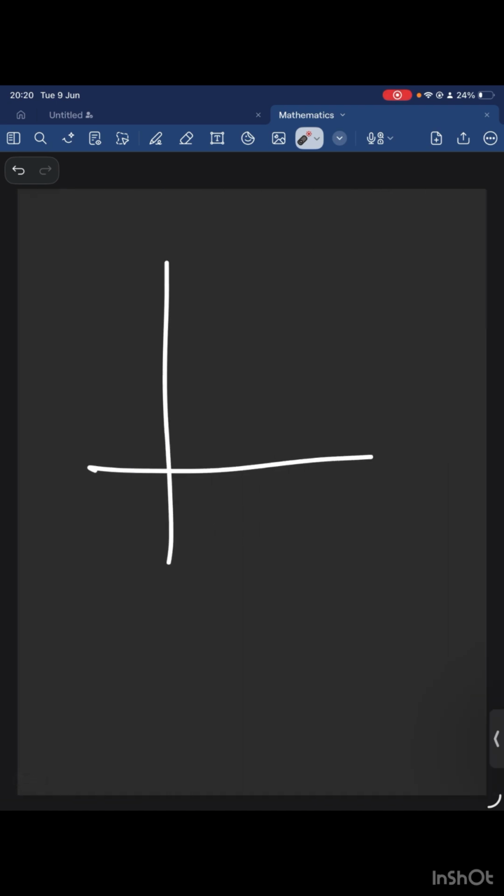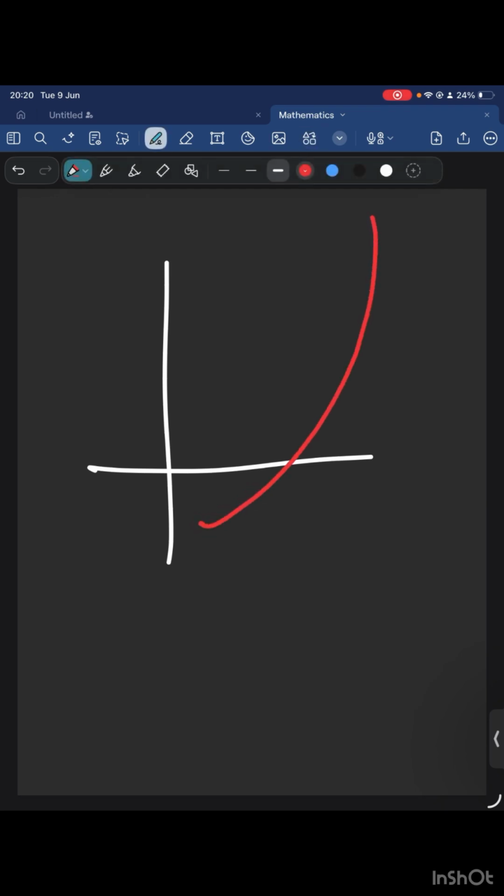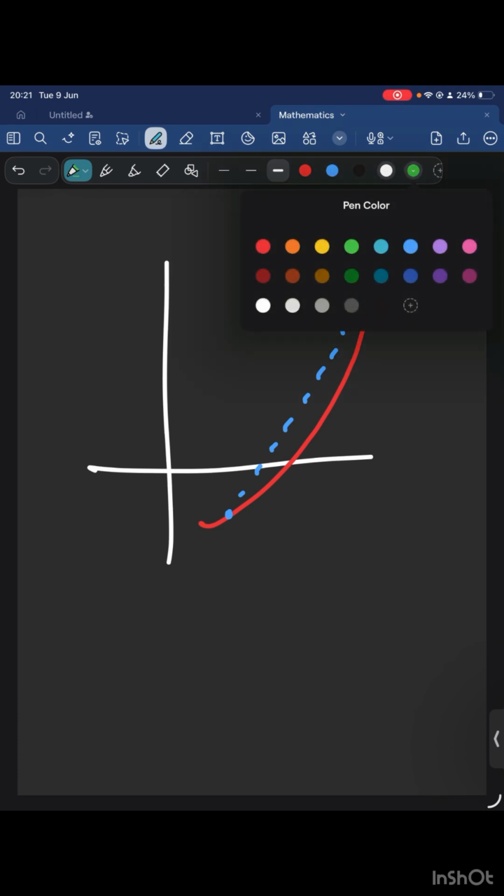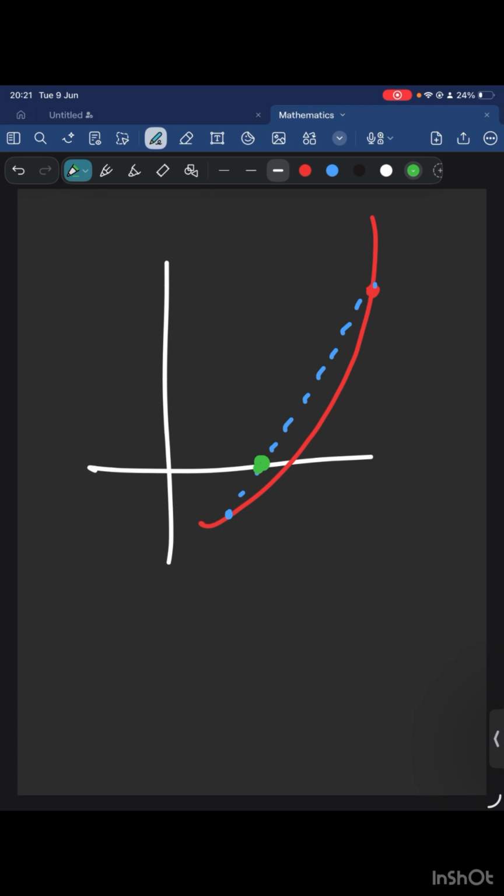Let's say you have taken this curve. Now there is one point on this curve. What we were doing in the secant method, we take these 2 points and make a secant. It cuts somewhere on the graph, and this is the third point you are getting.